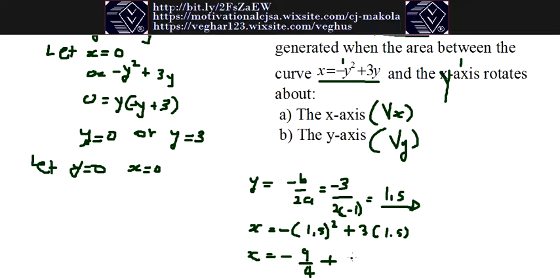And then 3 times 3 over 2, it's 9 over 2.